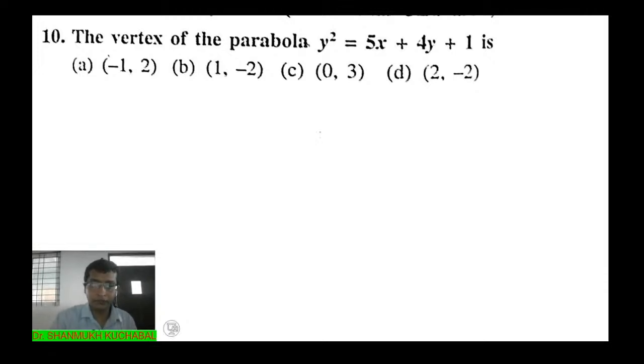So we'll take y square and y on one side. So we get y square minus 4y equal to 5x plus 1.